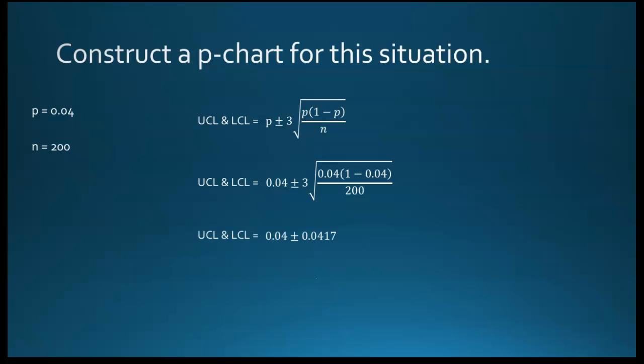It simplifies down into 0.04 plus and minus 0.0417. So your upper control limit is those two numbers added together, giving you an upper control limit of 0.0817. And your lower control limit is those two numbers subtracted, so negative 0.0017, but we will just use a lower control limit of 0.